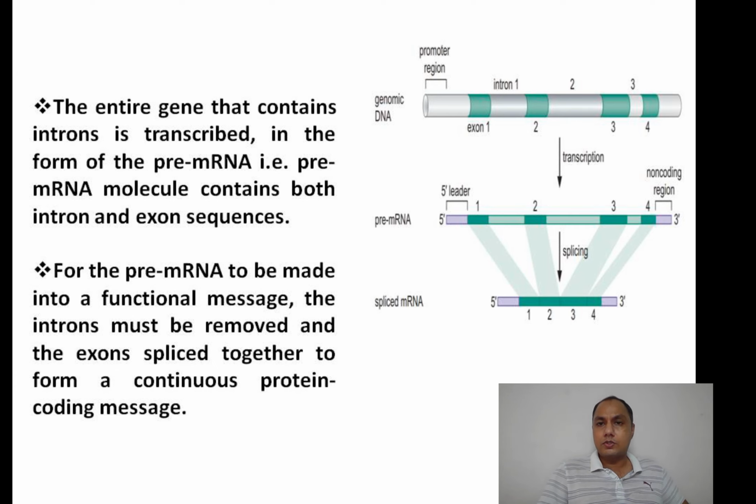Firstly, the whole exon-intron sequence is transcribed into pre-mRNA, and that pre-mRNA is finally spliced and introns are removed. The spliced mRNA is the functional mRNA. That means this is not functional, and this is the only functional one. That means the intronic sequence must be removed before translation.